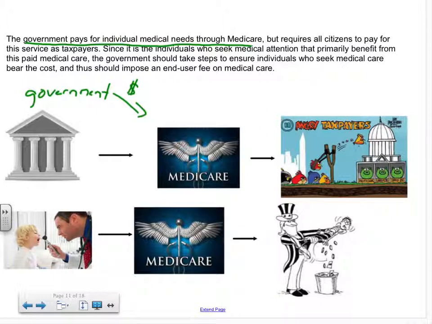But requires all citizens to pay for this service as taxpayers. So this part will be in blue. So here are our taxpayers. So in other words, so far, here are our individuals.